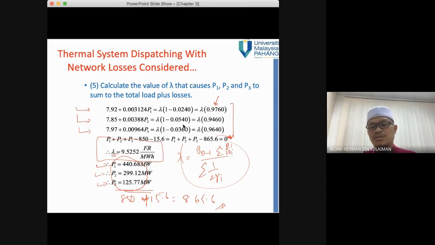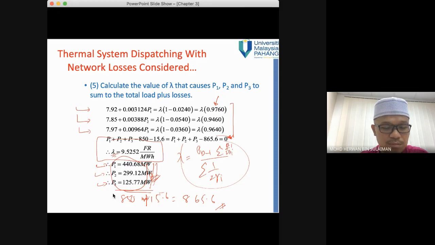Okay, so this is an example of how we do it, but it's not as easy or simple as this, because of what? Because of this, we can say that the value obtained is not optimal, not so optimal, because the power system is very complicated.